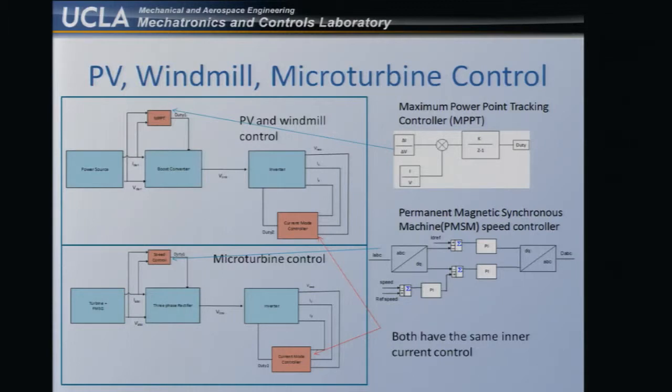So we are concerned with this current mode control here to control the duty cycle of the inverter. And same thing for microturbine control. There's a speed control for the mechanical device to generate the voltage reference. But our focus is really in this inner loop here, this inverter control here.